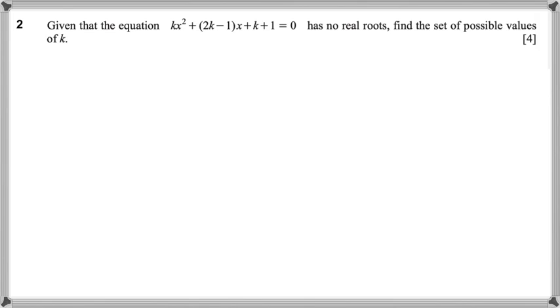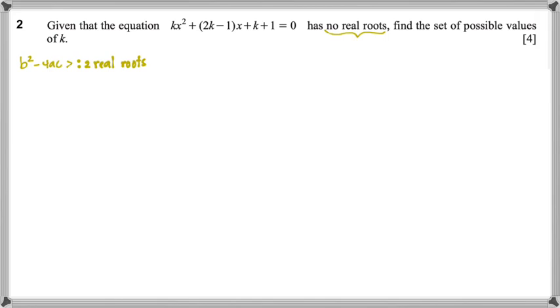Now, the key word here is that no real roots, and we'll be applying what we learned on discriminant. So I'll be writing it here. If the b squared minus 4ac, which is this discriminant, is greater than 0, we know that this should have 2 real roots.